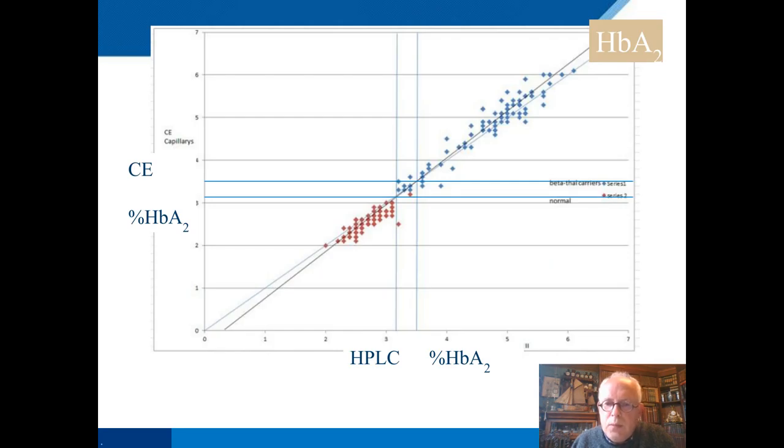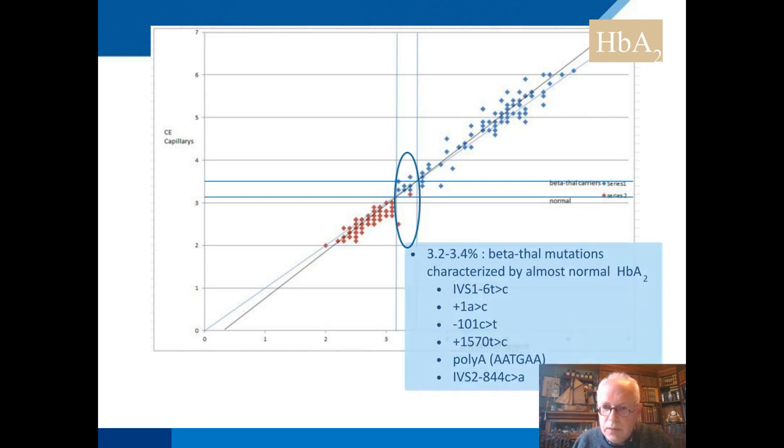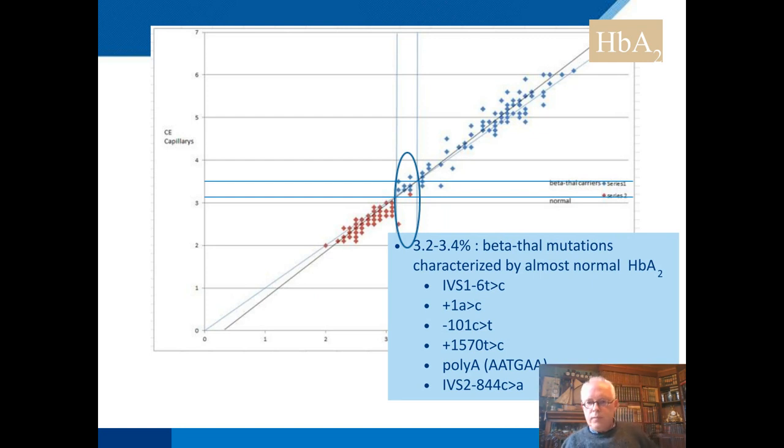You see here a group of, let's say, normals in red. This gives a normal A2 and elevated A2. These are beta thalassemia trait confirmed by DNA analysis. However, you also see a kind of overlap. And if we focus on the overlap, it appears that these are all elevated or almost normal A2 situations of a particular type of beta thalassemia mutation.